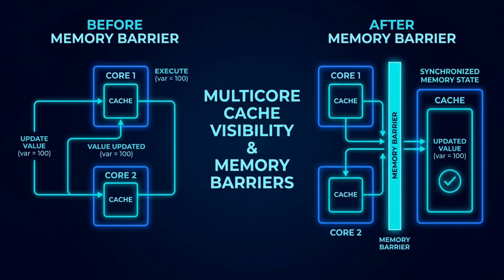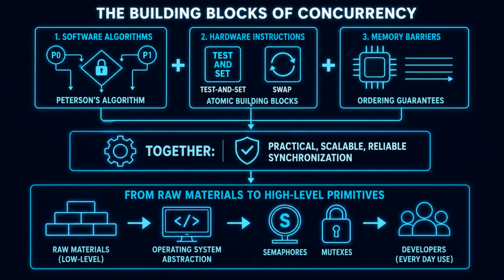One core may update a value, but another core might still see an older cached copy for a short time. Memory barriers help coordinate visibility so processors agree on what happened and when it happened. Without them, synchronization code that looks perfect may still behave unpredictably. So when we step back, we can see the full picture.